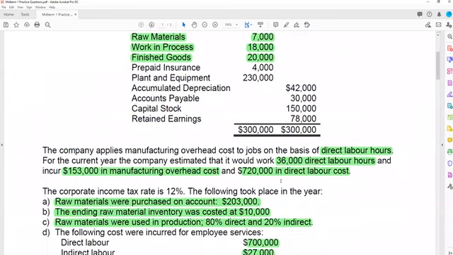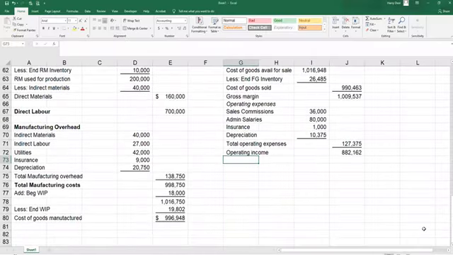In the problem, we were told the income tax rate is 12%. So that's the income tax rate. So 12% of the operating income will be the income tax expense.